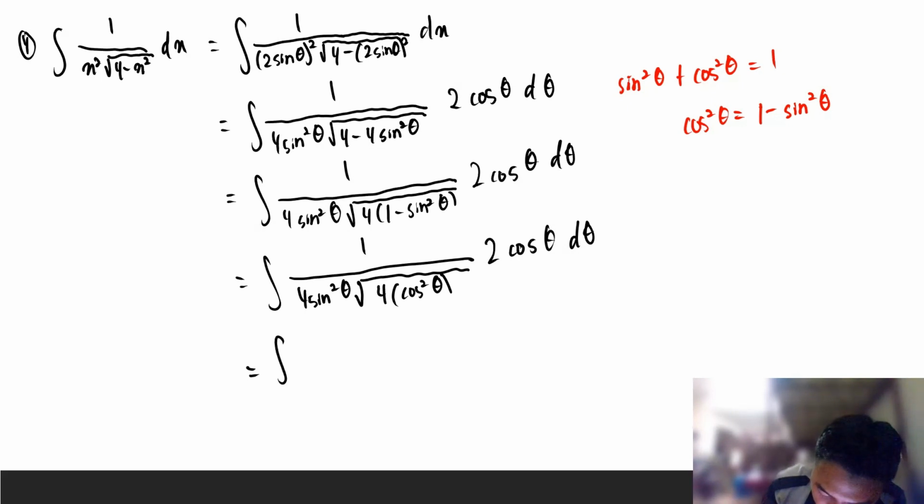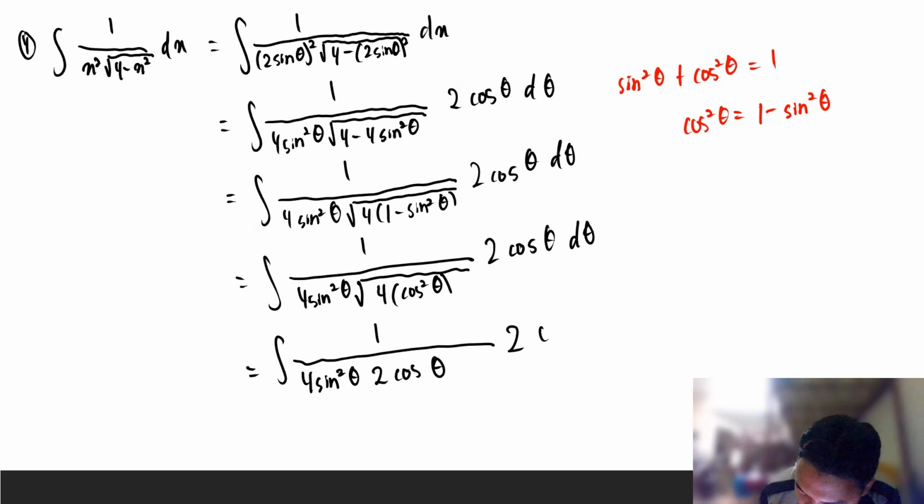So we solve the square root, and it becomes 4 sine squared theta, 2 cos theta, times 2 cos theta d theta.